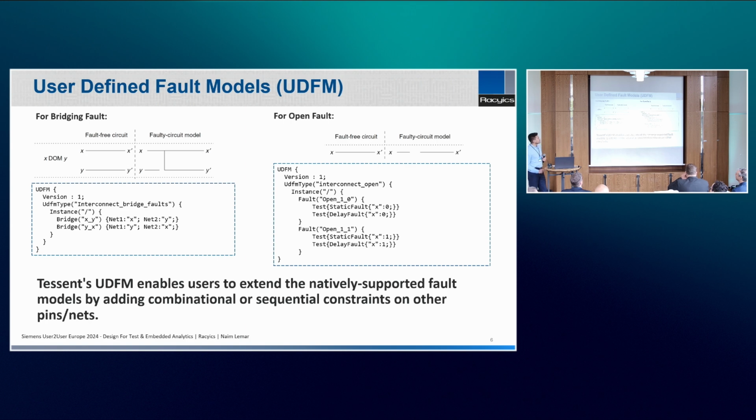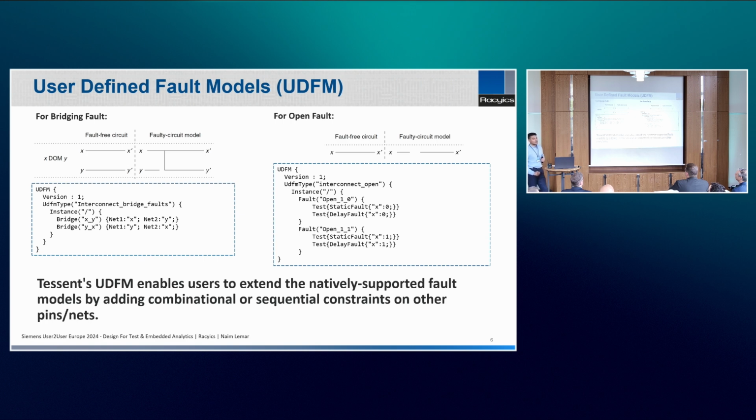So if we consider, for example, a bridging fault, which will be the fault model for the short physical defects, we have a fault-free circuit like this, and if one of the interconnects dominates the other one, there will be a faulty circuit model. And similarly, if we have some opens like this, we can detect them.